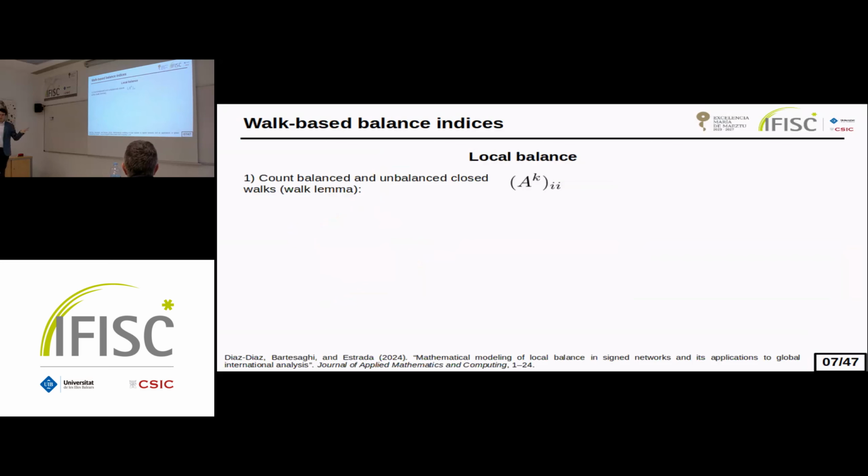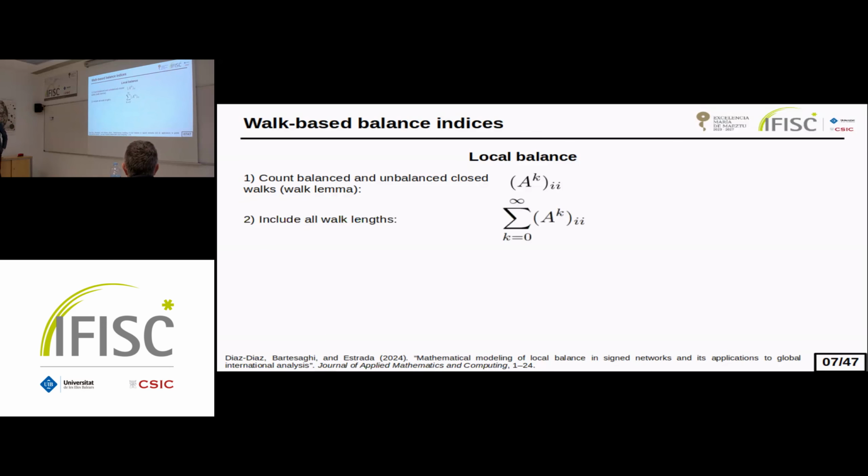Now let's frame it mathematically. First, we have to count all positive walks and all negative walks of a given length, and the powers of the adjacency matrix already give us the difference. Since we want closed walks, we take the diagonal elements.